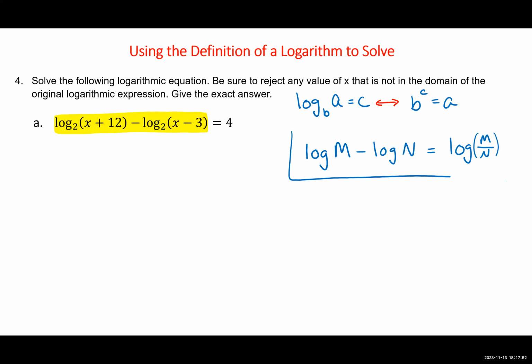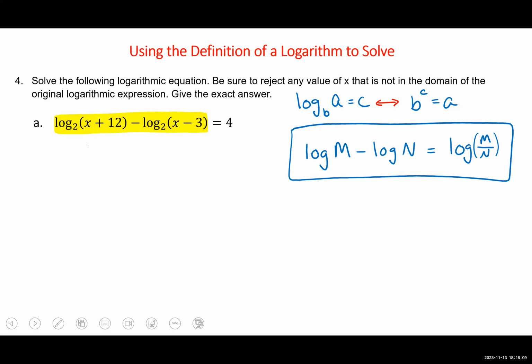This is one of those rules on the second or third slide back at the beginning of this video. There's a rule for addition and multiplication, and there's a rule for subtraction and division. In this case, we've got a log minus a log. So let's use this rule.